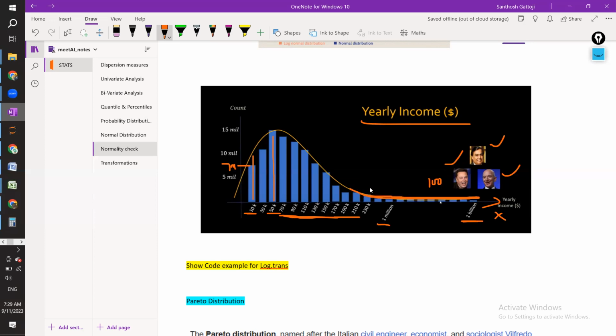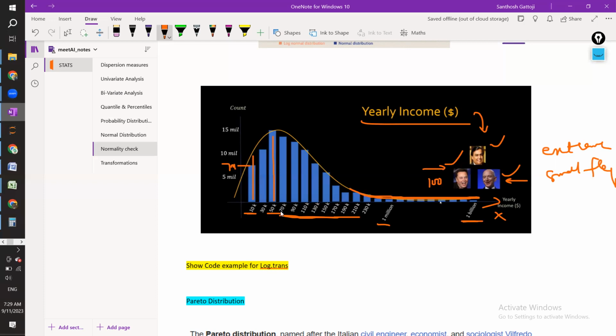Usually it would stop here, but because of some set of people, extreme values can be found with small frequency. You cannot remove these guys. Even though they occupy a small frequency, they are important in GDP and wealth creation and everything.